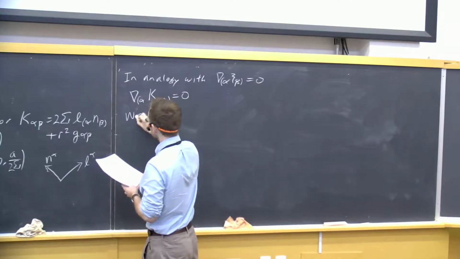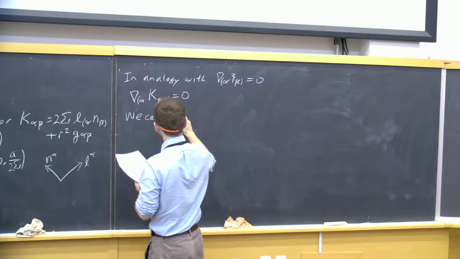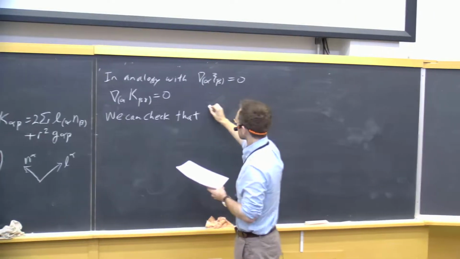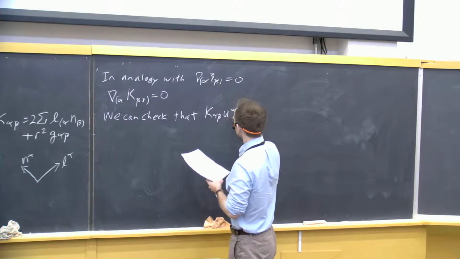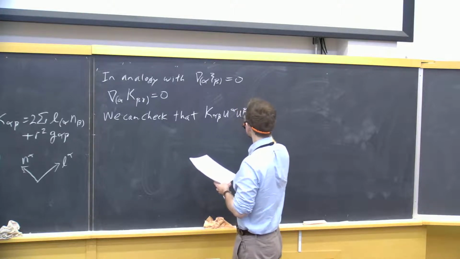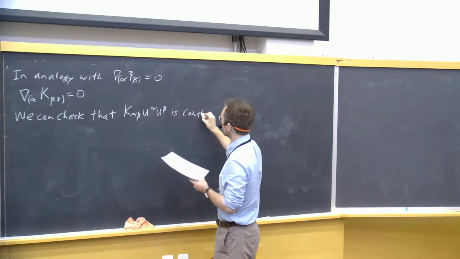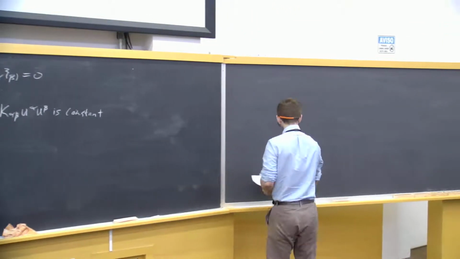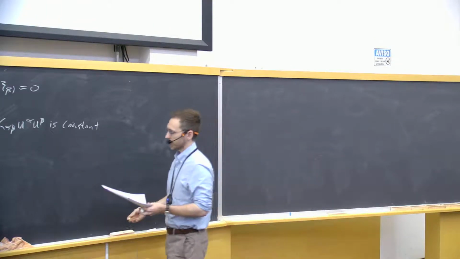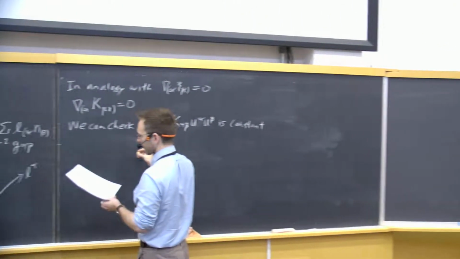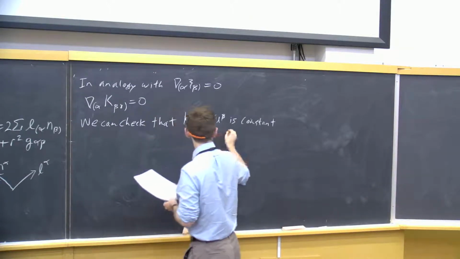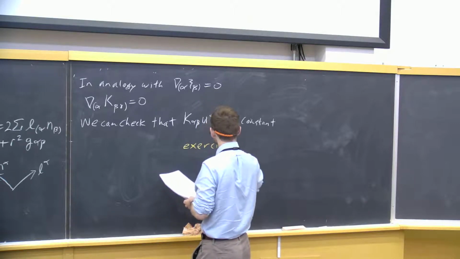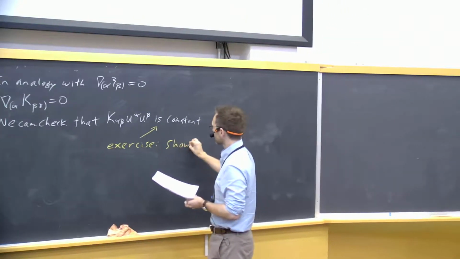And we can check that K alpha beta U alpha U beta is constant. That's basically following exactly what you do for a Killing vector. So I'm going to leave that as an exercise, to show this.